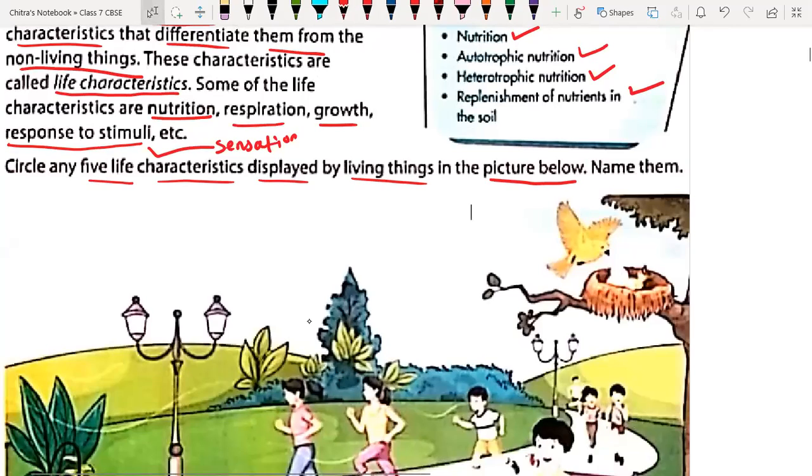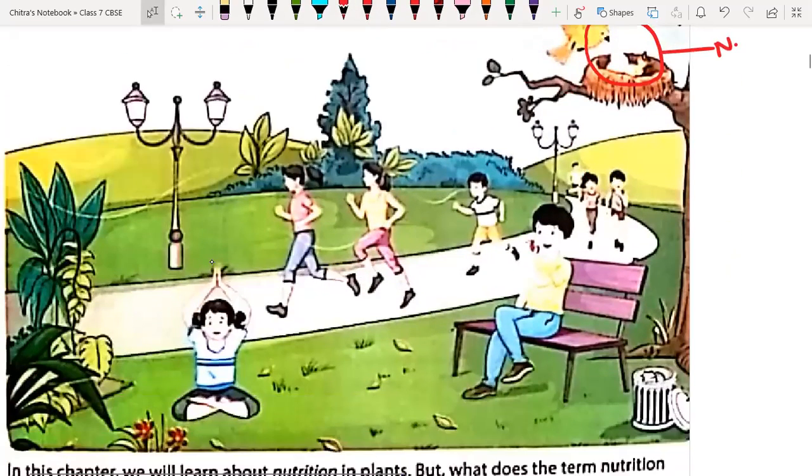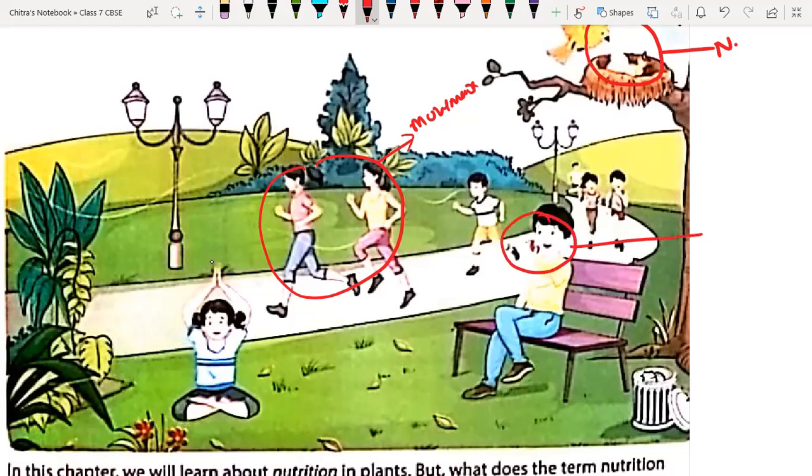See here, first one bird is feeding another bird. So here we have nutrition. These students are performing motion, so here we have movement. See that picture, the bench is eating. Yes, if it is eating, it is again nutrition.